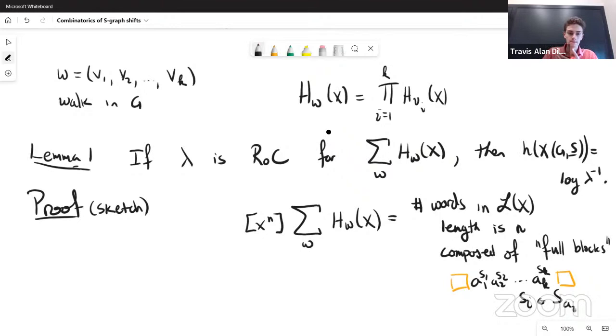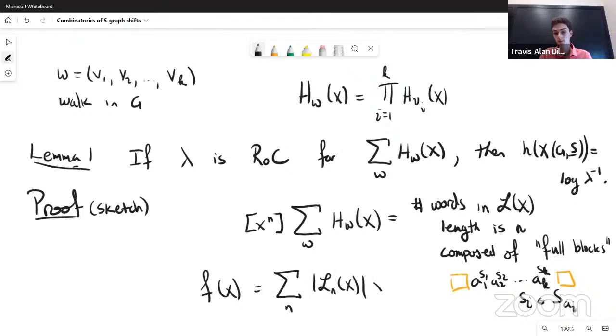And I can also define, for comparison, a power series f of x, which is also a generating function, whose coefficient on x to the n is just the total number of words of length n inside the language.